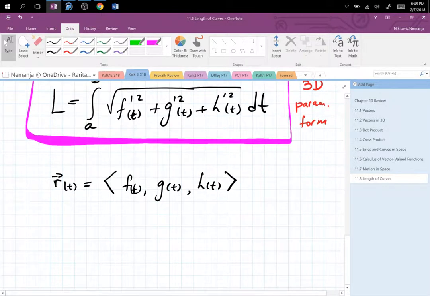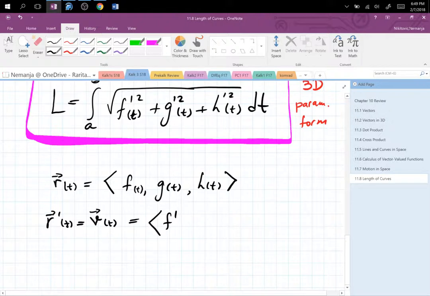We know that one. And we know that r prime, which was also called velocity, was f prime of t, g prime of t, h prime of t.